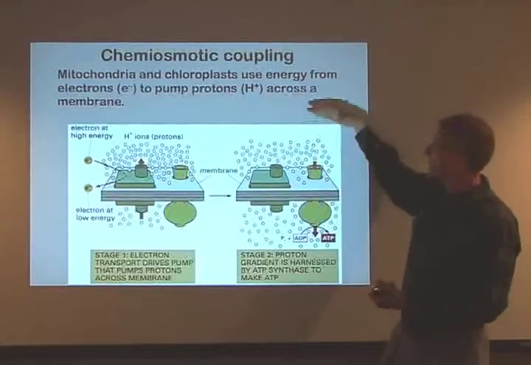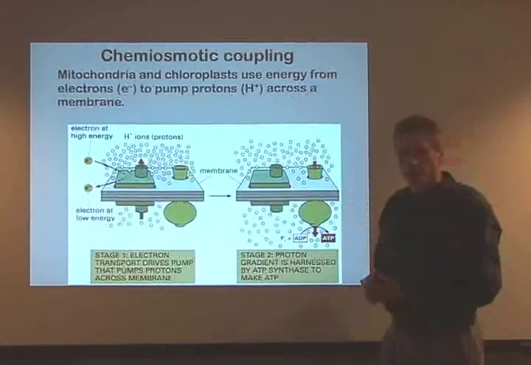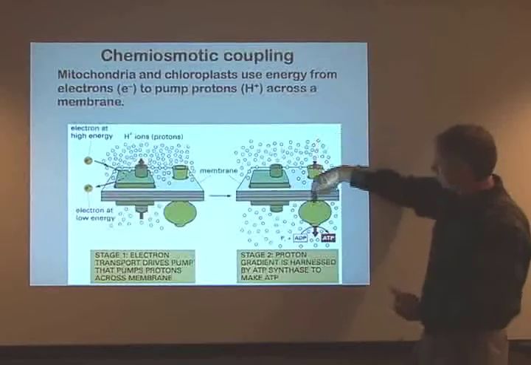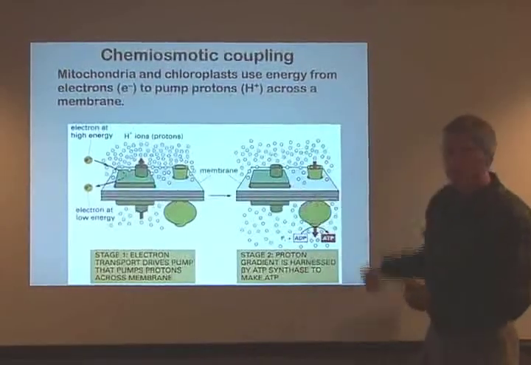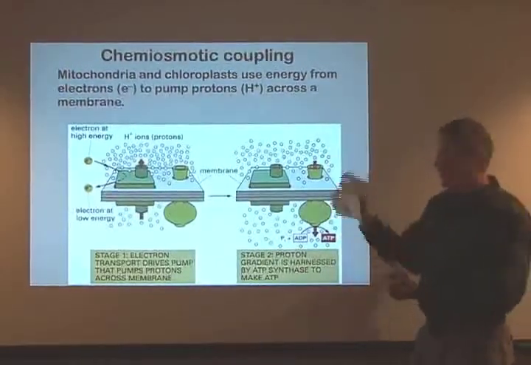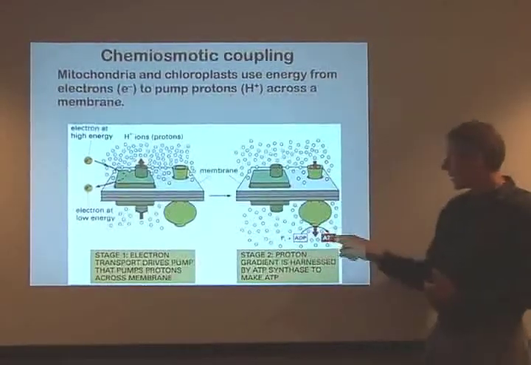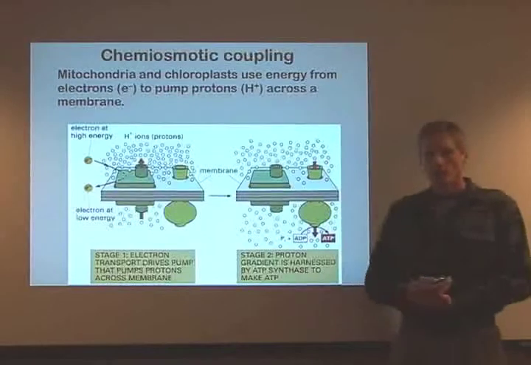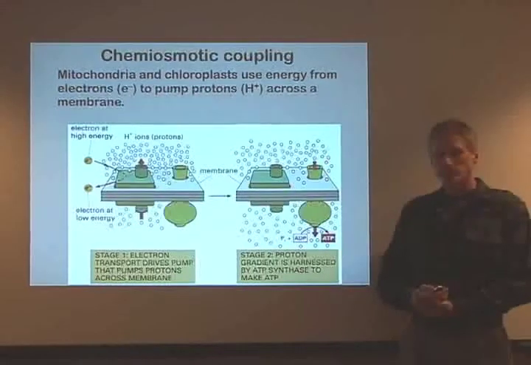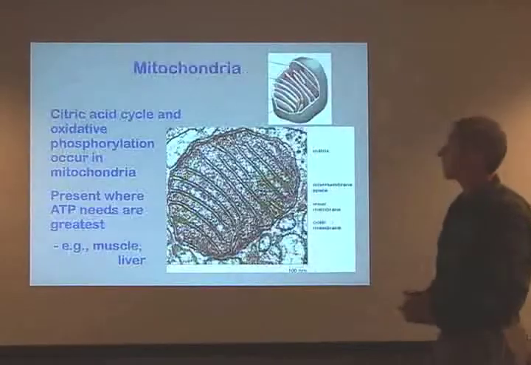That proton pressure, or proton motive force, is used to spin this cool thing called ATP synthase, and it's a mechanical turning motor, and that actually makes ATP from ADP. Pretty cool.